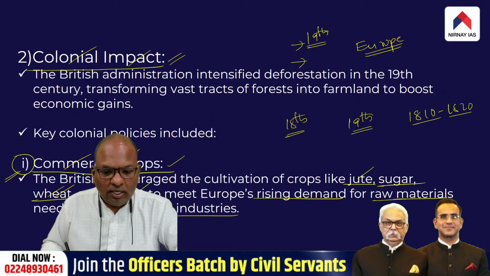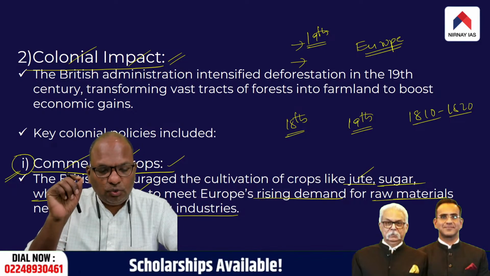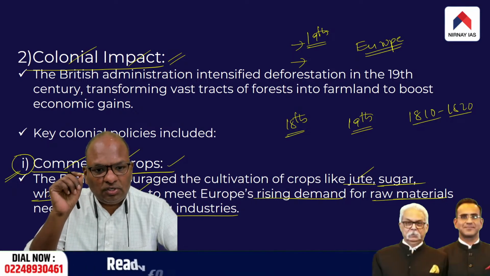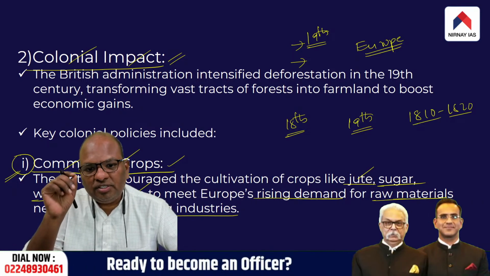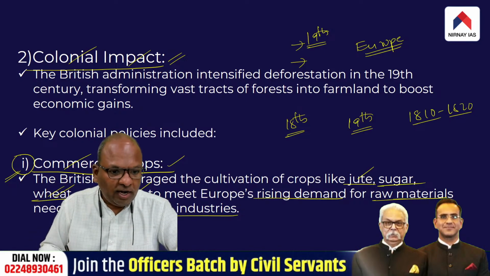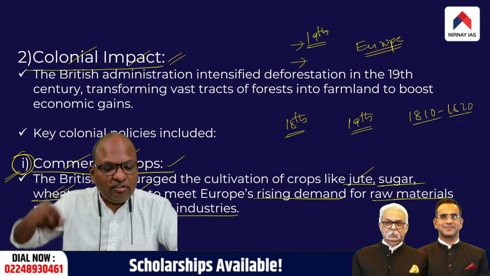But I told you, deforestation in India proceeded at a rapid pace during the colonial times. Deforestation in India was largely a result of the British policies. An example of those British policies is, one, the British encouraged commercial crops to meet the needs of the people of Europe.